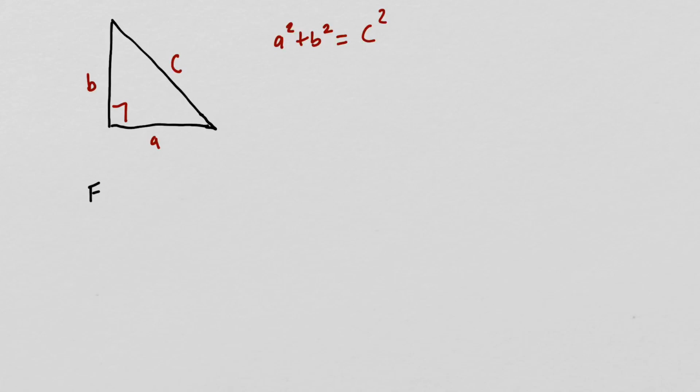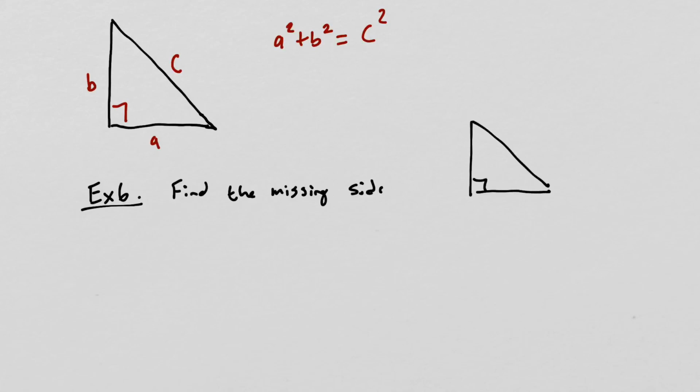Let's look at one more example, and let's find the missing side of the triangle given by the following: 4, 10, and this side is x. Here we'll have x squared plus 4 squared is equal to 10 squared.